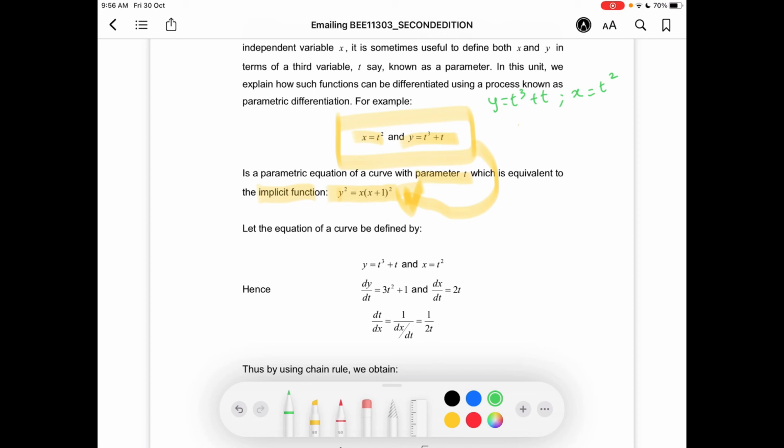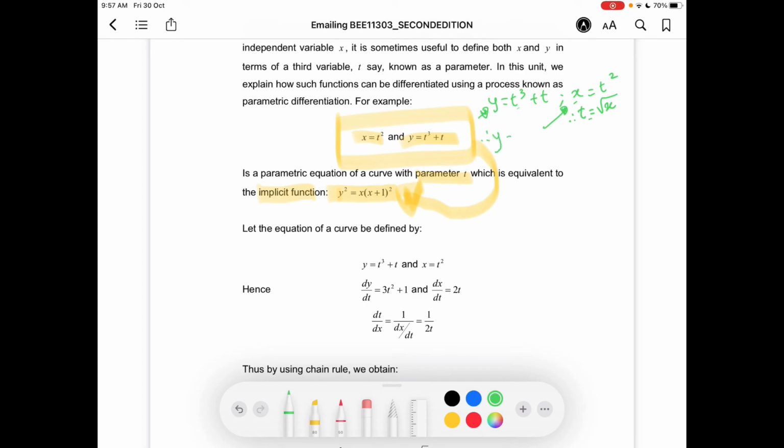Now if I want to substitute, t will become the square root of x. So just plug in t equals square root x into the function y.